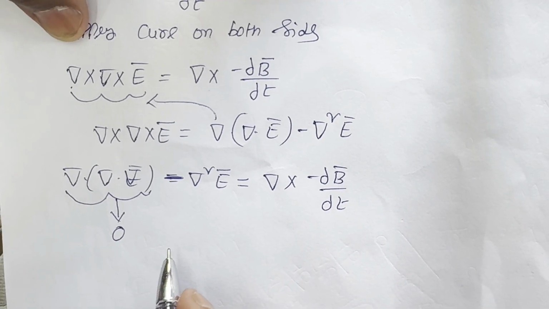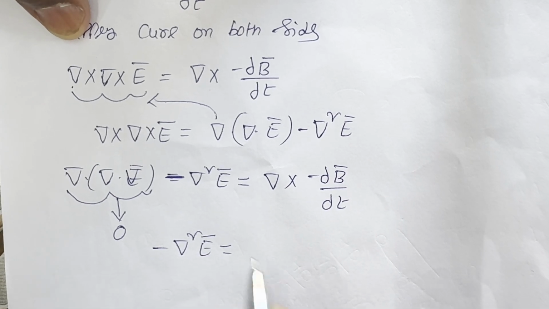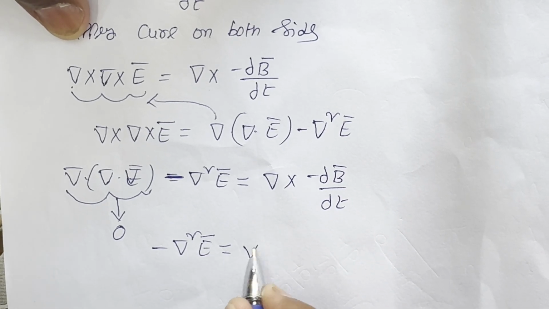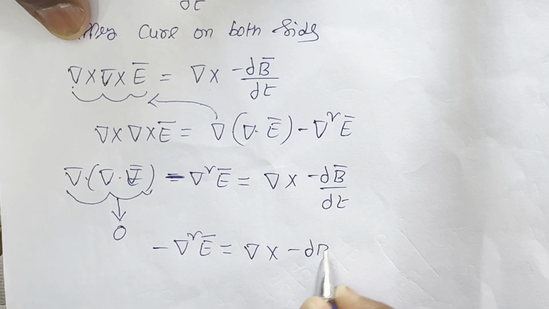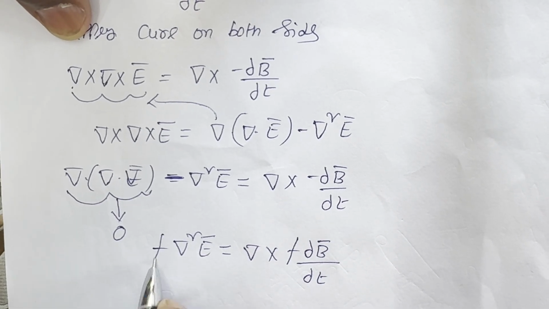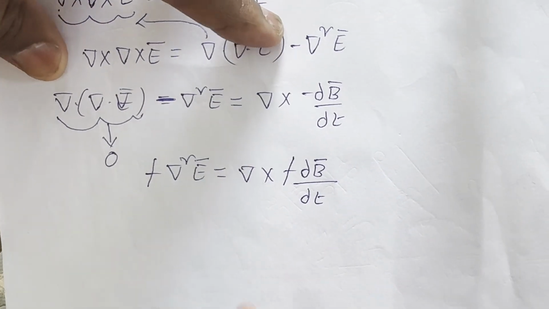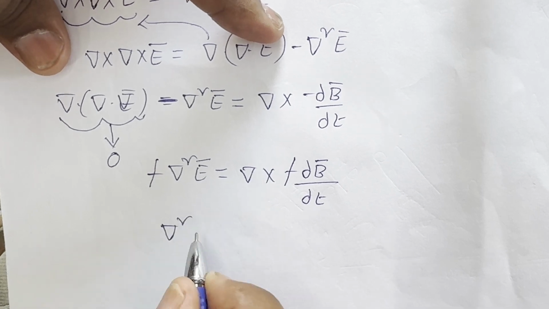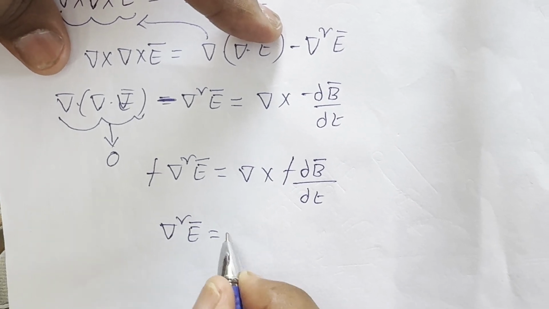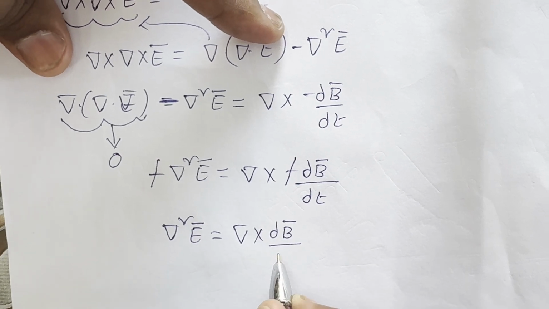Then I have only minus del square E bar equal to del cross minus dou B bar by dou t. Now I am cancelling the minus on both sides. Then I have del square E bar equal to del cross dou B bar by dou t.